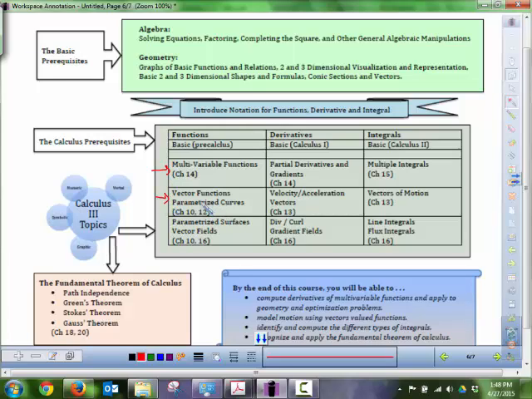We actually studied vector functions back in Chapter 10, and then we saw some applications of vector functions with the velocity, acceleration, and projectile problems. I think the good standard type of problem that we see in these vector-valued functions are the projectile problems.